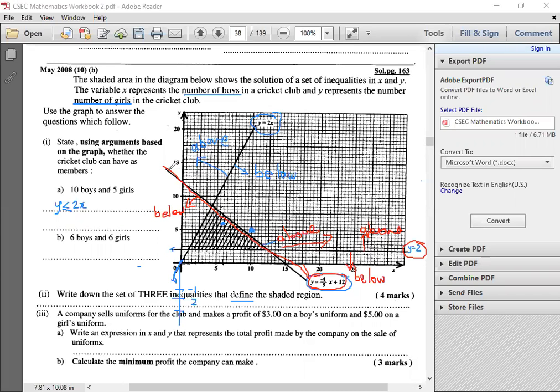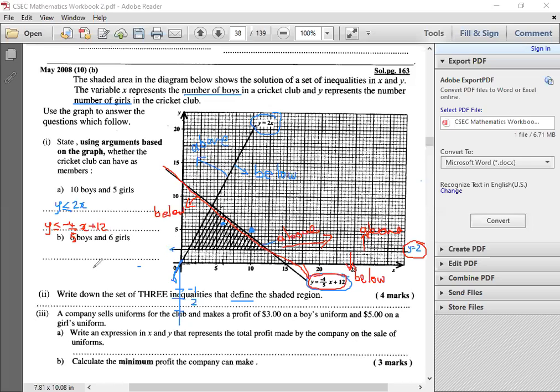So for this one now, this one that says y equals -4/5 x plus 12, that one would be y being less than or equal to -4/5 x plus 12, because the line is shaded below in order to satisfy the shaded region.